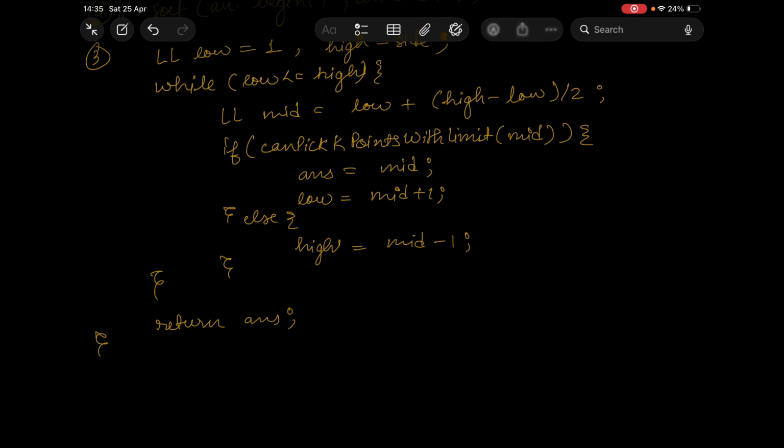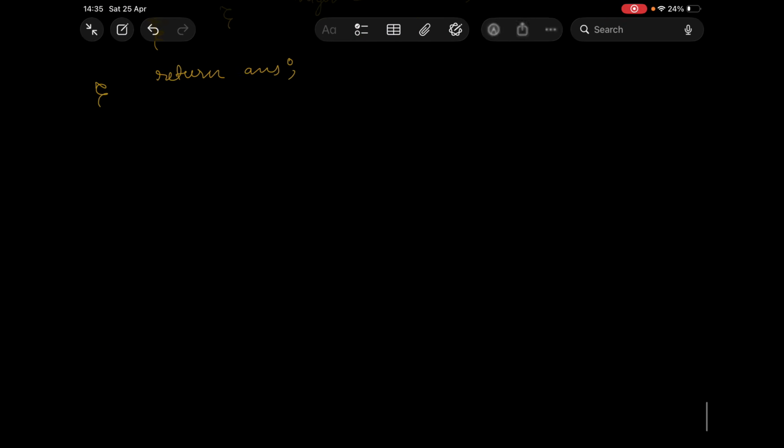Okay, now let's write this method. So this is a Boolean method, can pick k points with limit.